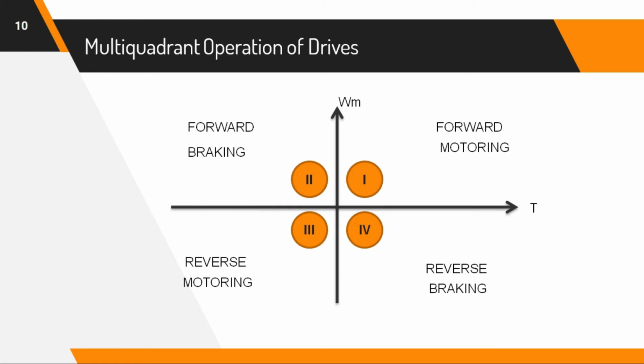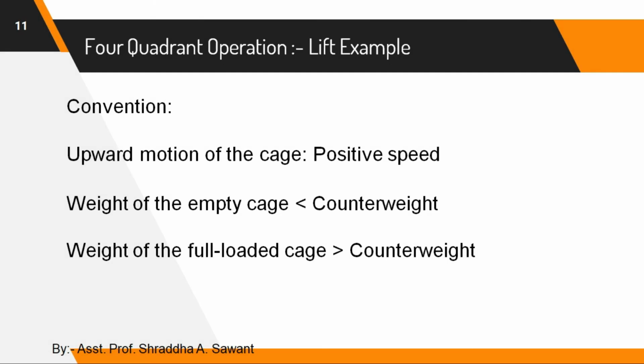Okay, for better understanding, we will see one example of a lift. Before going to the lift example, we have to go through the conventions. If the lift is going upward, it is a positive speed, that is the forward one.